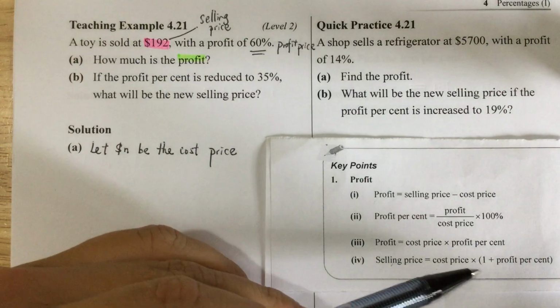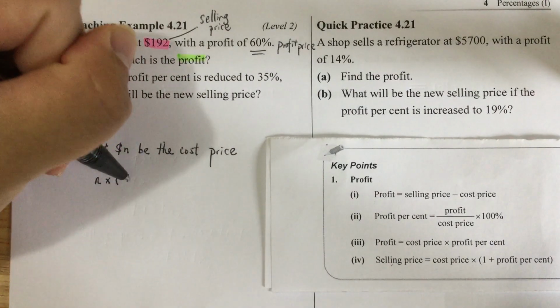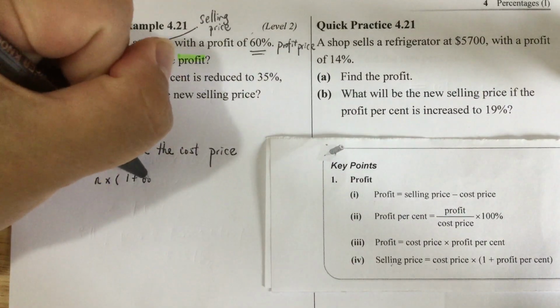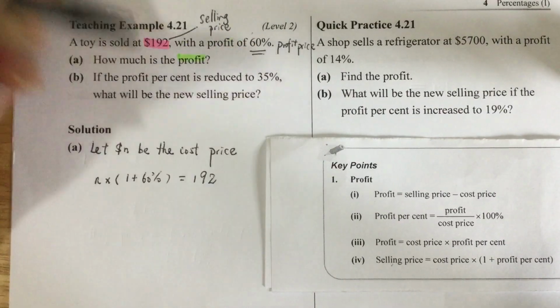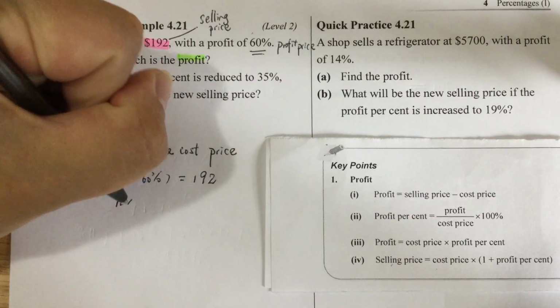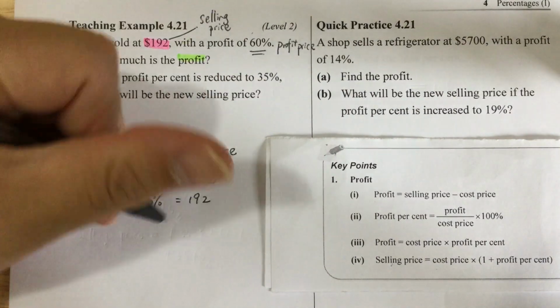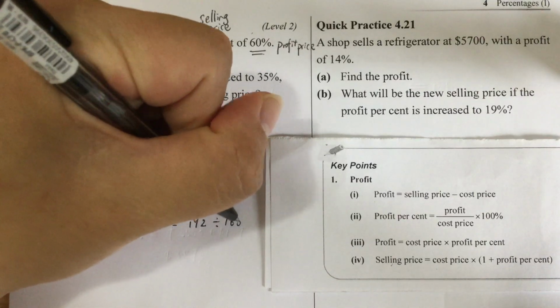Now we look at the formula. The cost price n times 1 plus 60% profit percent will equal $192. So we have the part A formula. n times 160% equals 192, and n equals 192 divided by 160%.